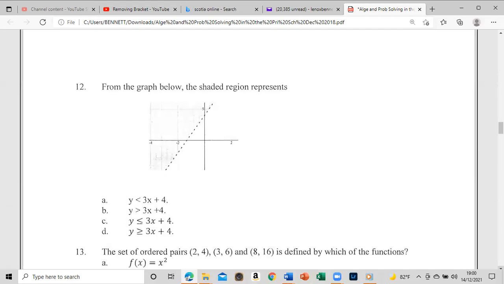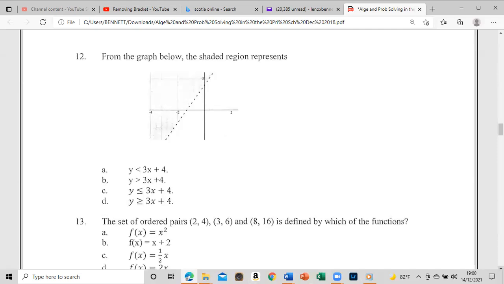All right. It said from the graph, but I don't see anything shaded. Oh, I guess it's over here, at the part with negative 2, 5. Shaded region, yeah. So I could just mark it up.